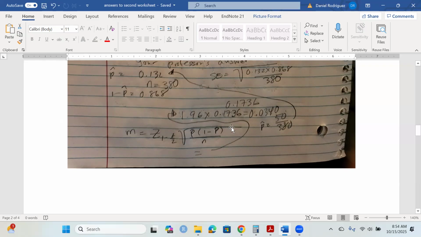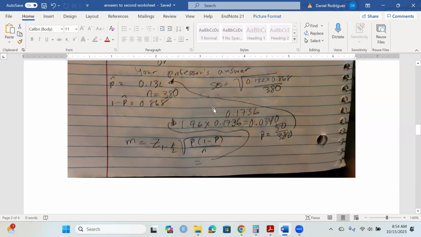It's the square root of all that, times whatever the z value is. I'm sorry, I did this backwards. There's arrows everywhere because I was trying to figure out what she was doing. So we have our estimate of 50 divided by 380, which is 0.132. Its complement is 0.868, because 1 minus 0.132 is 0.868.